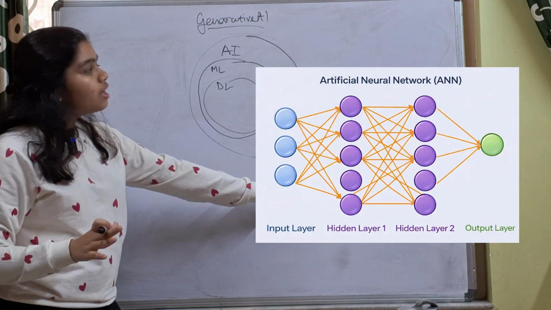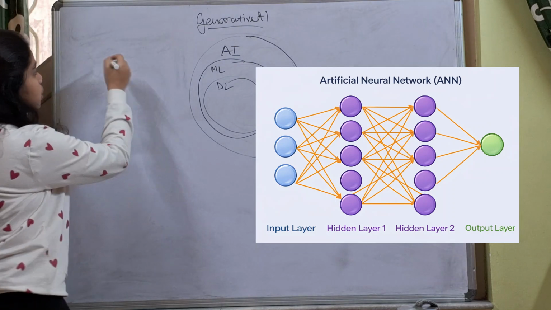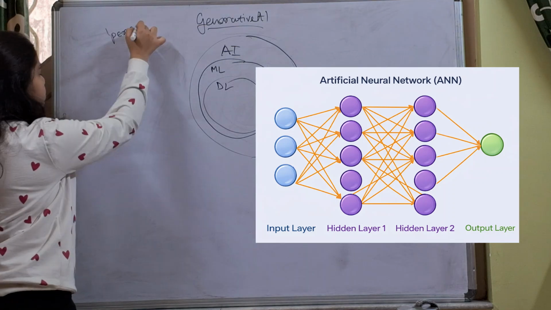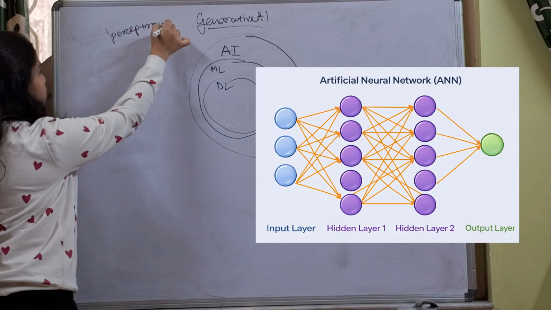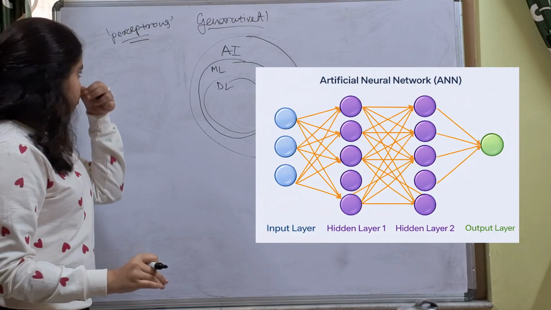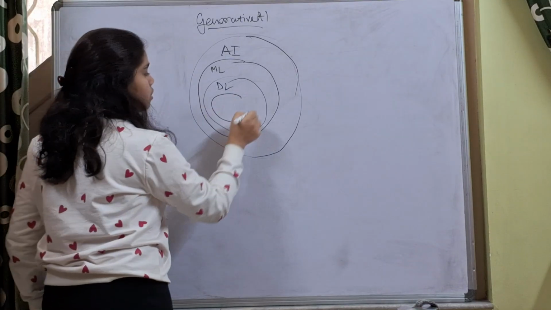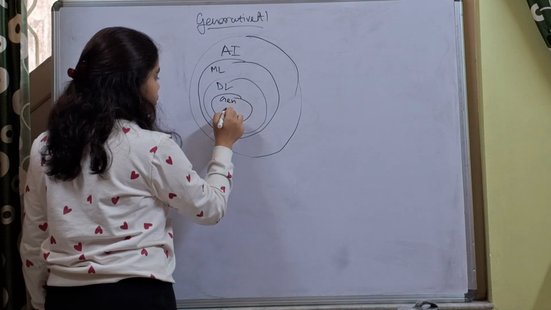It looks like this. It has neurons, which in computer language are known as perceptrons, and perceptrons are the smallest unit of a neural network. And inside deep learning, we have Gen AI, generative AI.